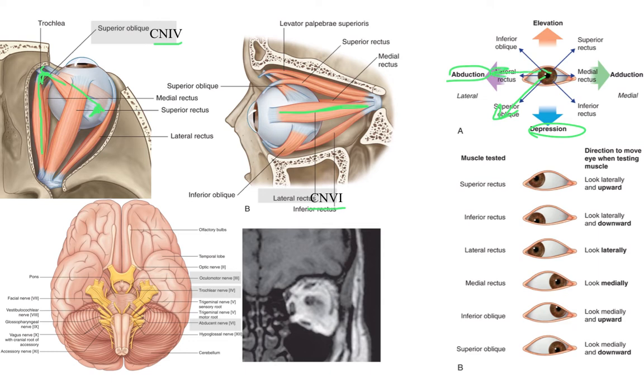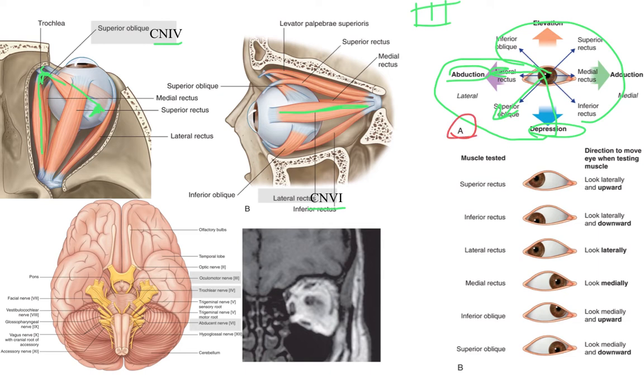So your cranial nerves 4 and 6 take the eyeball in a depressed and abducted direction. All of the rest of the muscles of the eye are controlled by cranial nerve 3, which is the oculomotor nerve. So all of these other ones right here are controlled by the oculomotor nerve.